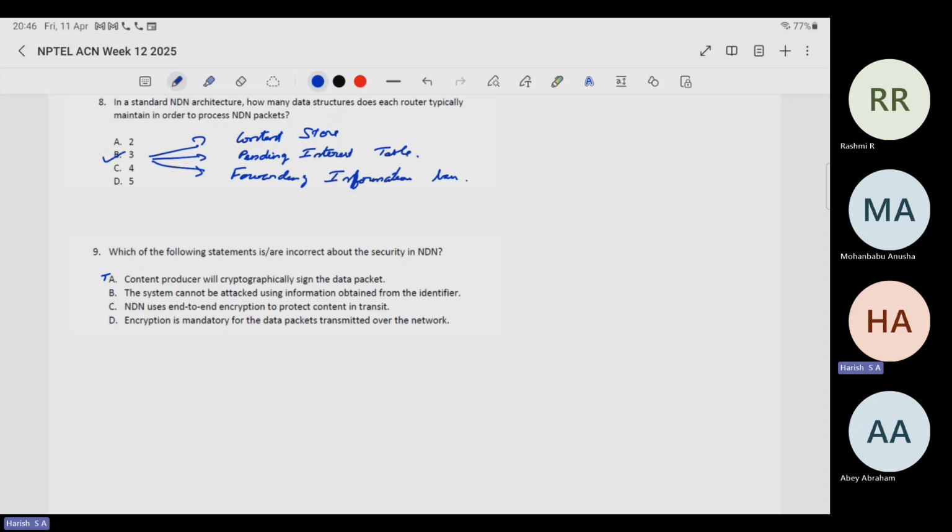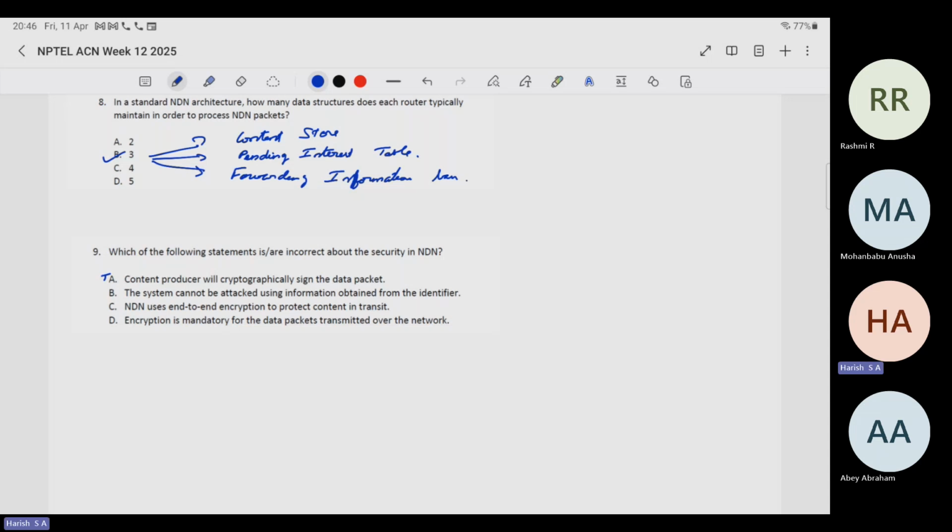Let's say if Microsoft produces a piece of data, then we need to be sure that it's coming from Microsoft. Someone from outside should not come and tell us, I am Microsoft, here, take it. You need to be able to verify this in an objective way. You can do that by looking at the fact that the data being given to you is cryptographically signed. So this is true.